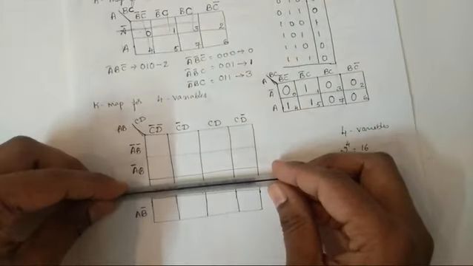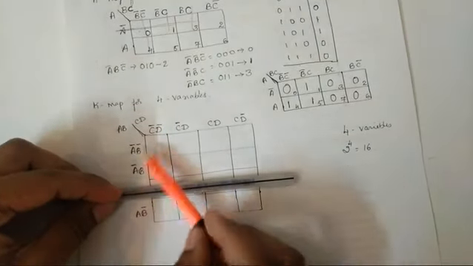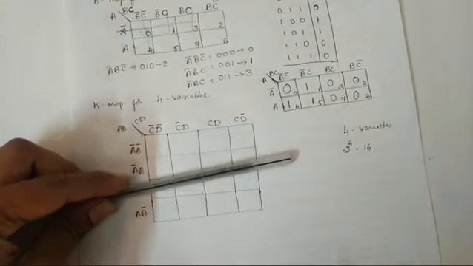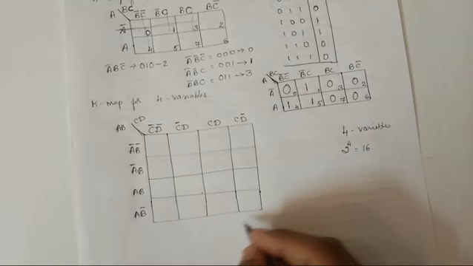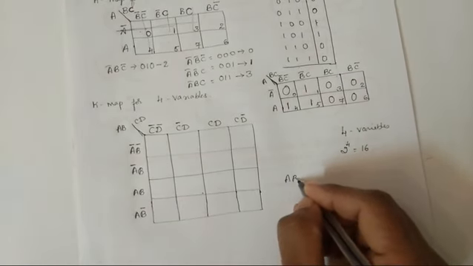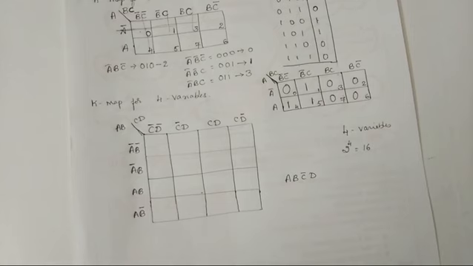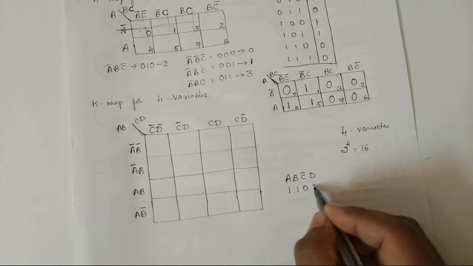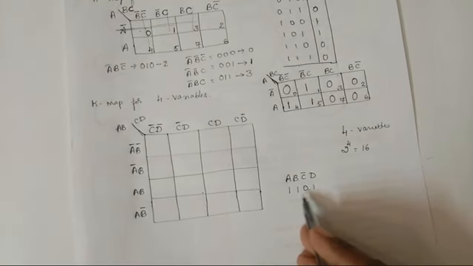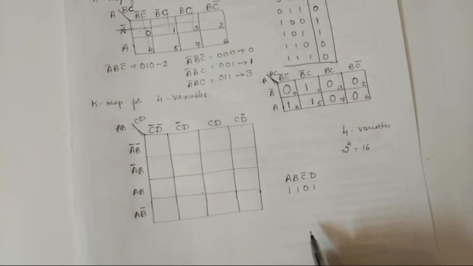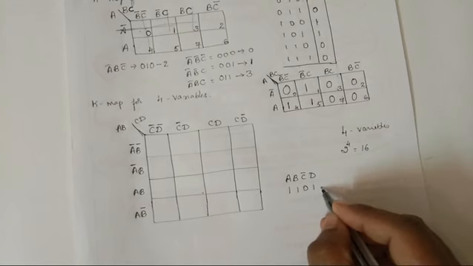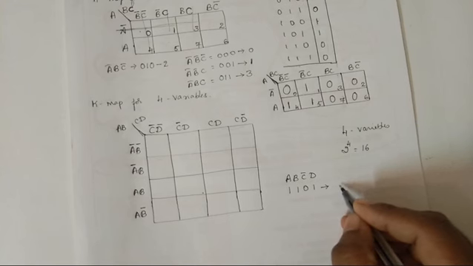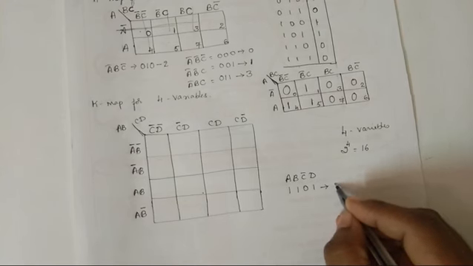So this is AB and for this it is C bar D. So it is A, B, C bar D. What is it? It is 1 1 0 1. What is 1 1 0 1? It is 13.